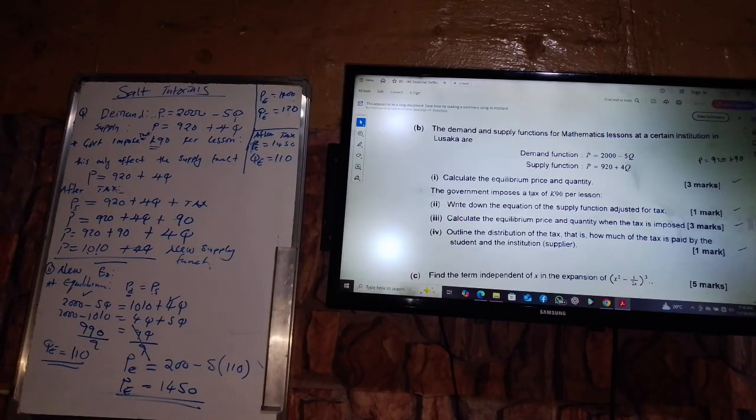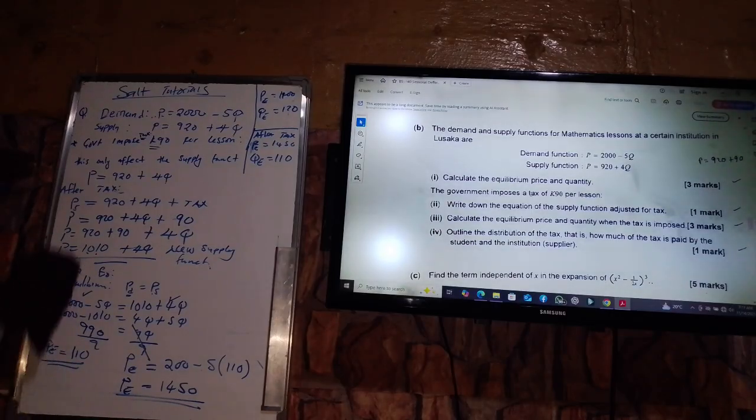With that information, we can now go ahead and calculate the distribution of the tax, that is, how much tax is paid by the student and how much tax is paid by the institution. Every time a tax is imposed, we simply say that this 90 kwacha is distributed between the customers and the suppliers. It's distributed based on a certain ratio. So how am I going to distribute this 90 kwacha?